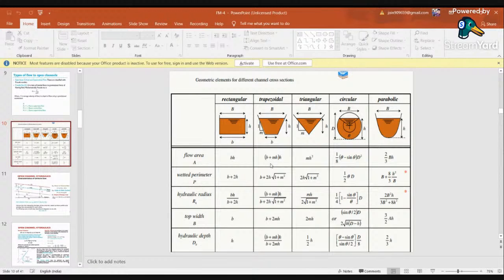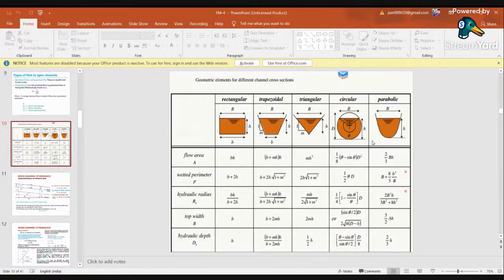If it is trapezoidal, then your area will be calculated as B plus slope into depth of water, into depth of water. If it is triangular, then your area will be slope into h square, or in general you take it as half depth into width.